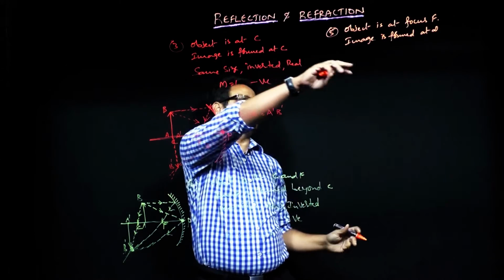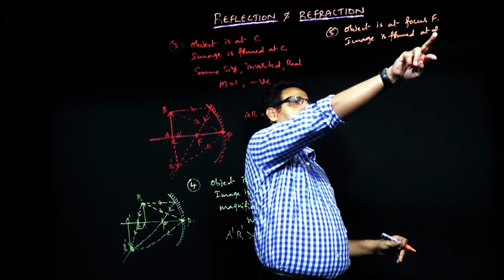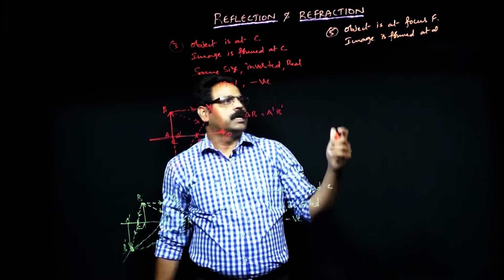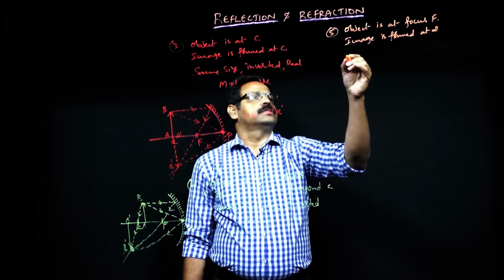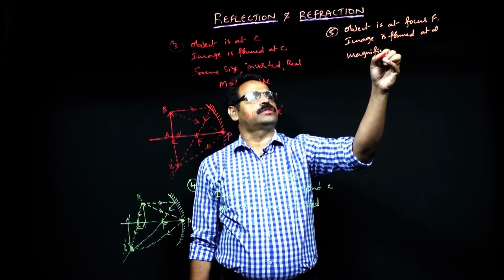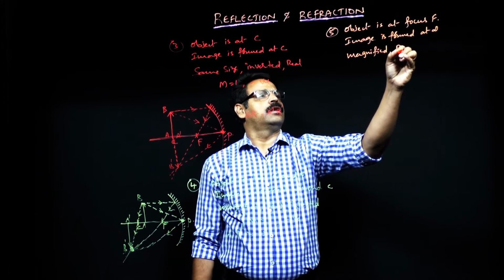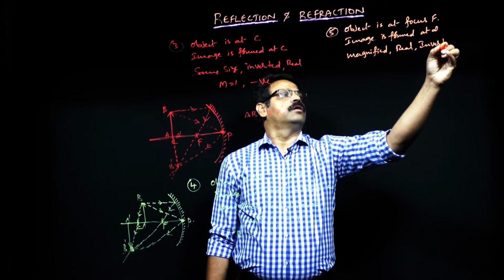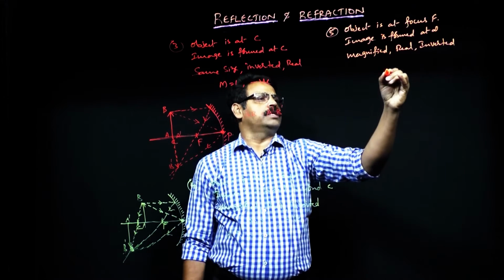Just vice versa, ulta. Here when the object is at infinity, the image is formed at focus. When the object is at focus, the image is formed at infinity. And it is magnified, of course real and inverted. So how is it going to be?